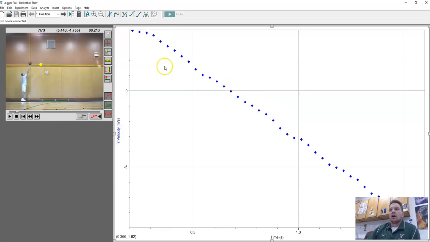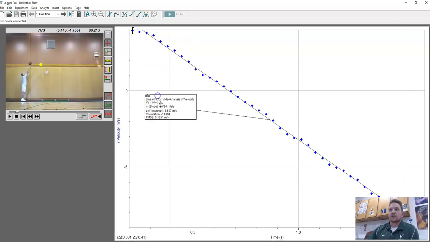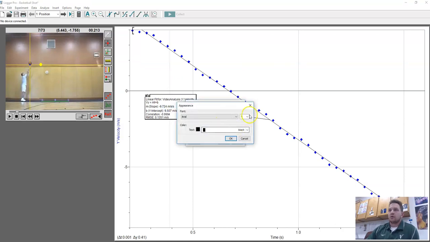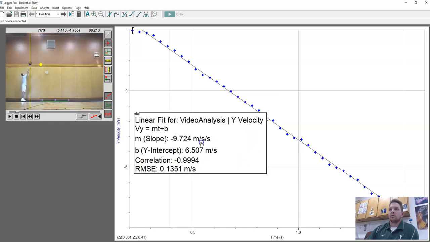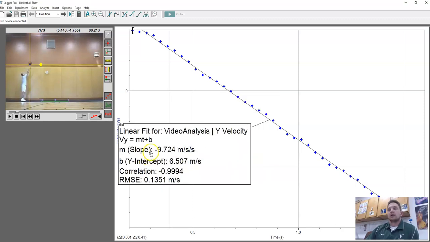Remember, the slope of a velocity graph should give me acceleration. So if I look at what the slope is, negative 9.72. Let's make that a little bigger for you guys. That's really close to what it actually is.